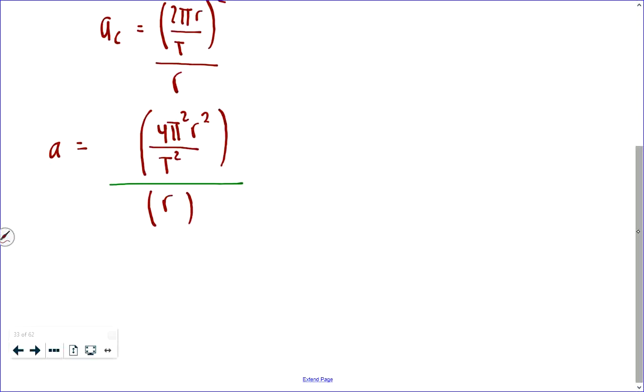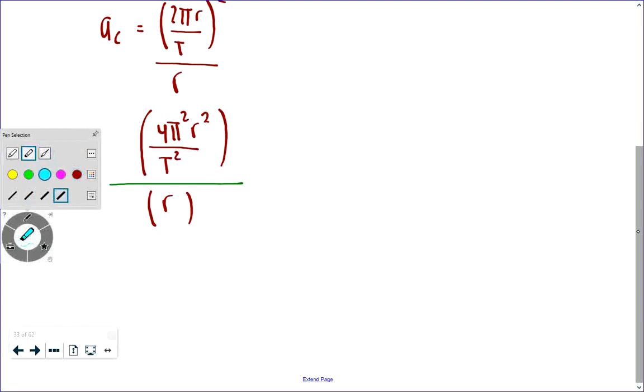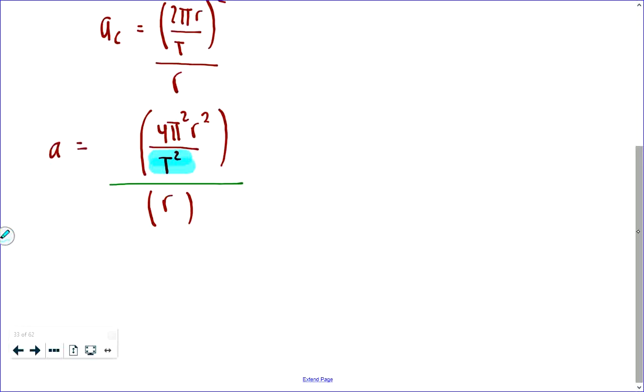But what makes this a complex fraction, and I'm explaining this to help you in your math class as well, is there's a denominator within the numerator. And if there were a denominator within the denominator, that would be complex as well. So our goal when we have a complex fraction is to eliminate that pesky mini denominator. So how can I get rid of that t squared?